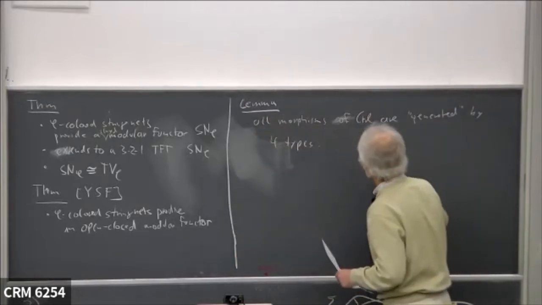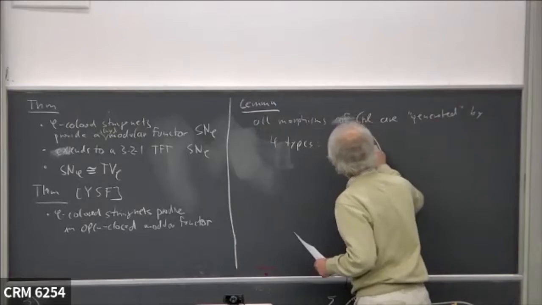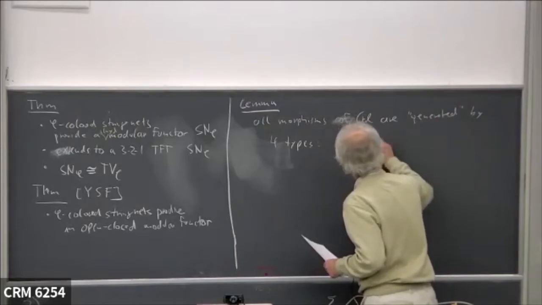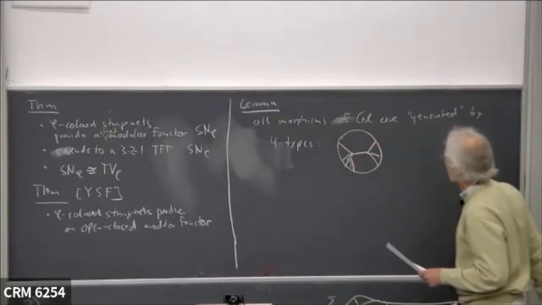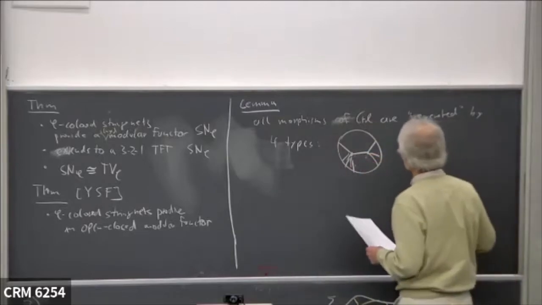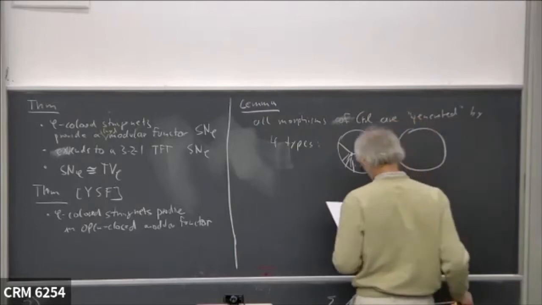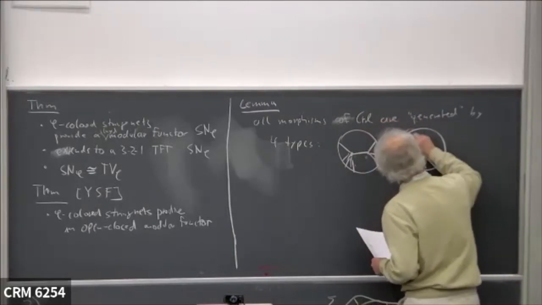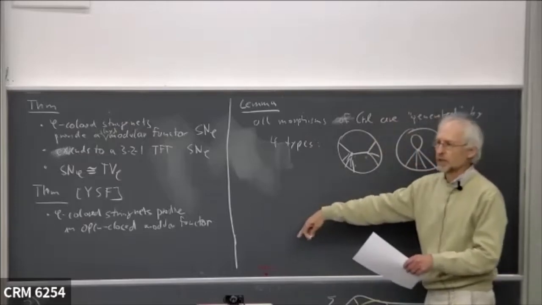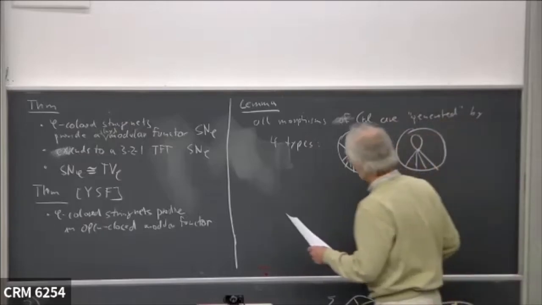And they look as follows. There's one type where you have two vertices, and then an arbitrary number of edges, but with one edge between them. Or you have one where you have just one vertex, some number of edges, and then one edge of the type that we have seen, which goes back.